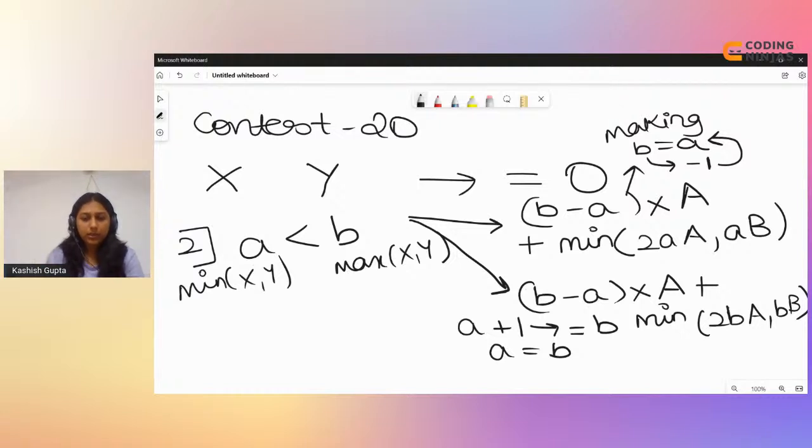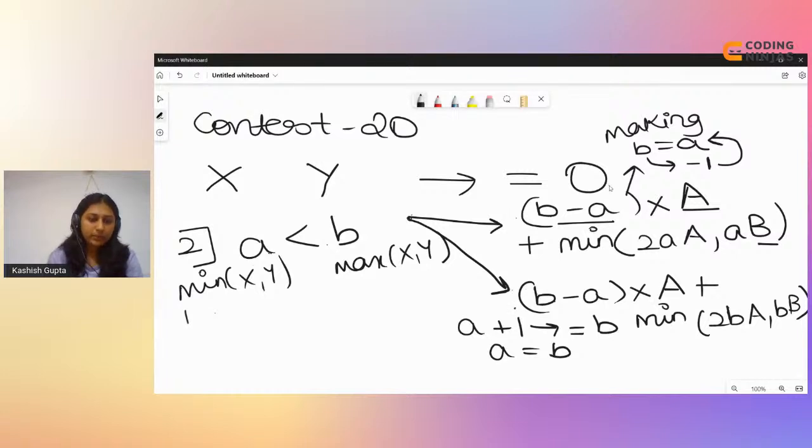Here we do not know the relation between capital A and capital B, but we do know the relation between B and A. That is, B is always going to be greater than A because that was our initial assumption. So for this particular one, our answer will be the minimum of both the cases.